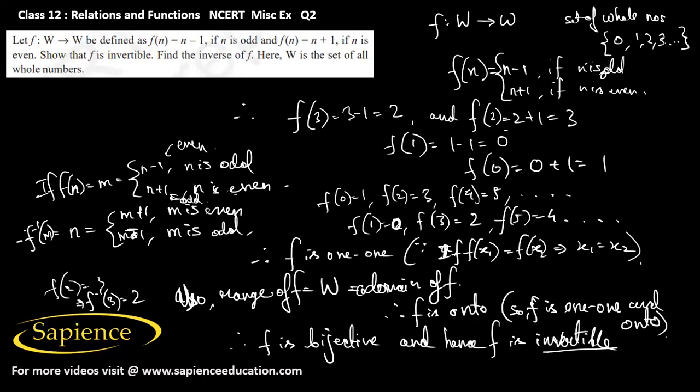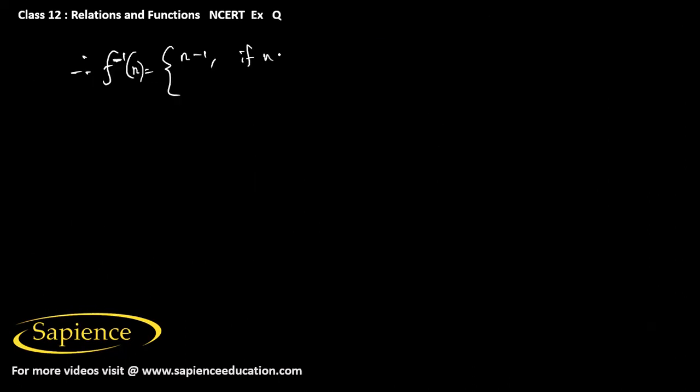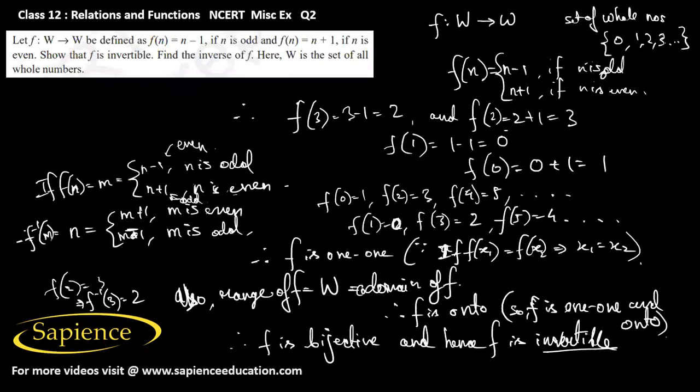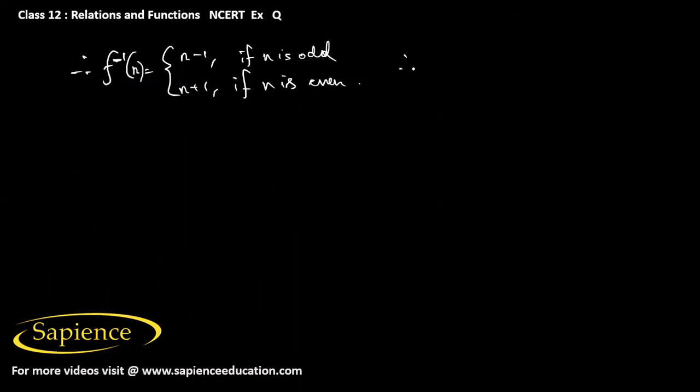So now the inverse function f inverse of n will be equal to n minus 1 if n is odd, and n plus 1 if n is even. So therefore we can say that f of n is equal to f inverse of n.